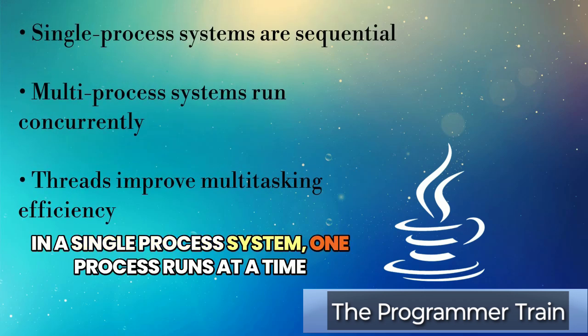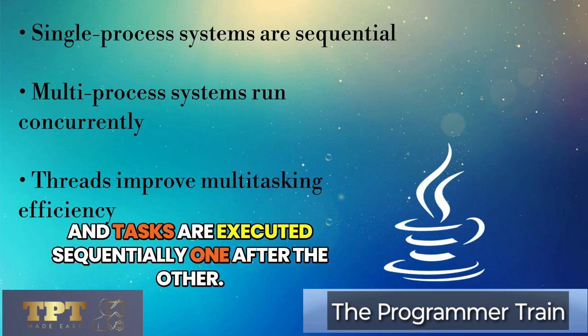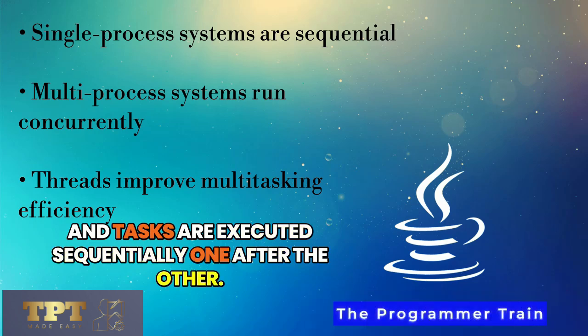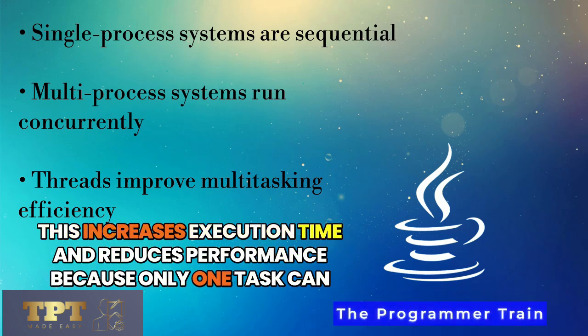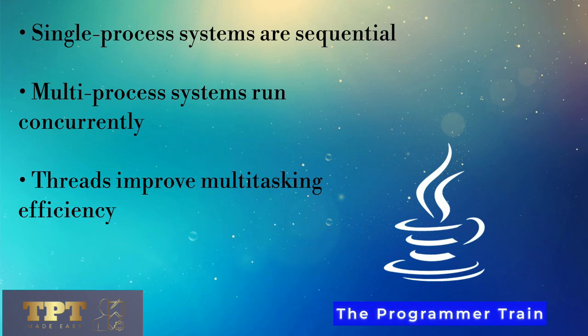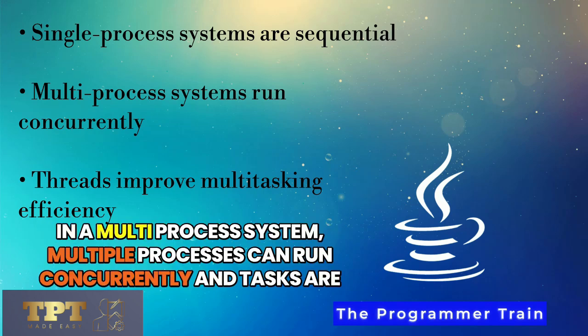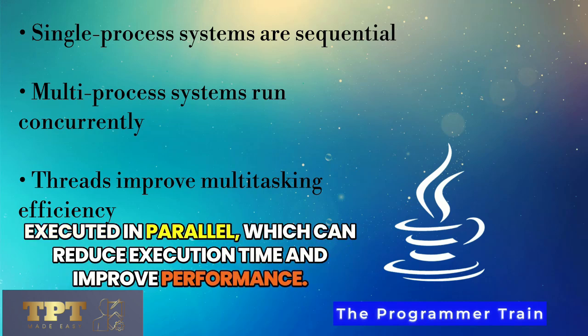In a single process system, one process runs at a time, and tasks are executed sequentially, one after the other. This increases execution time and reduces performance because only one task can be performed at any given time. In a multi-process system, multiple processes can run concurrently, and tasks are executed in parallel, which can reduce execution time and improve performance.